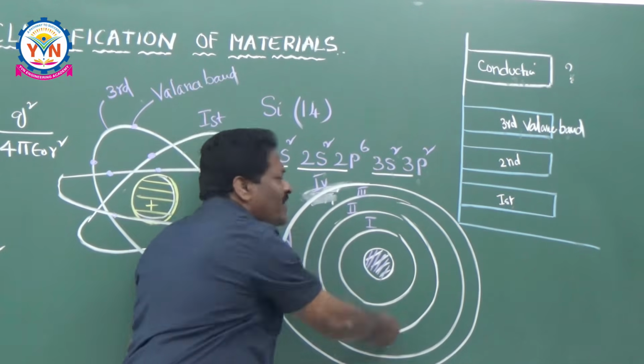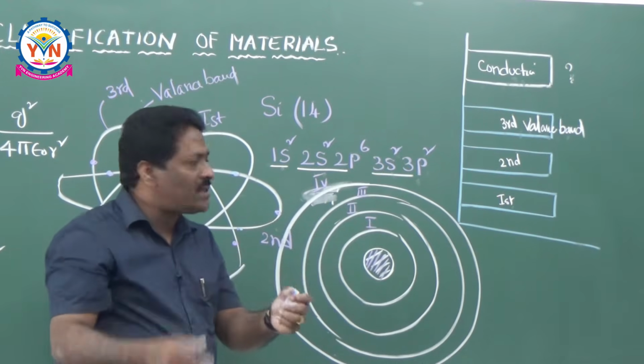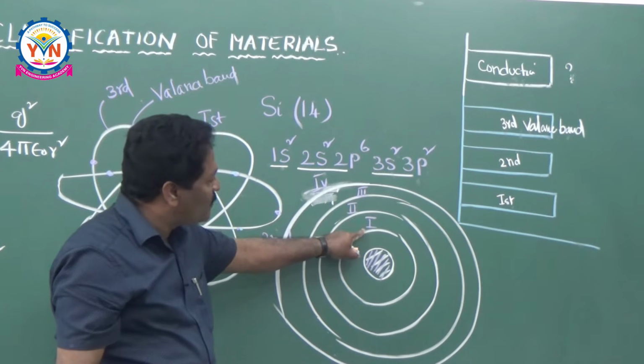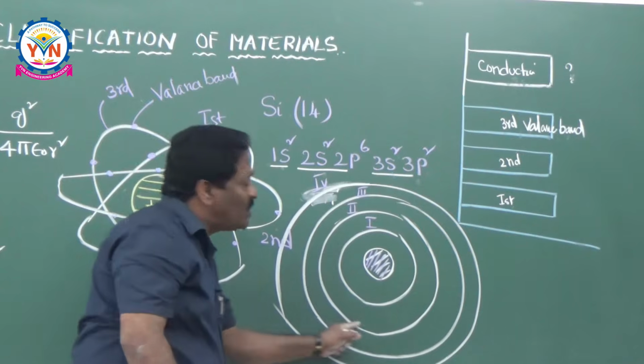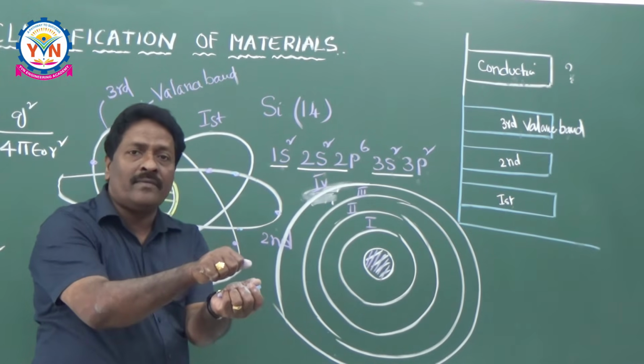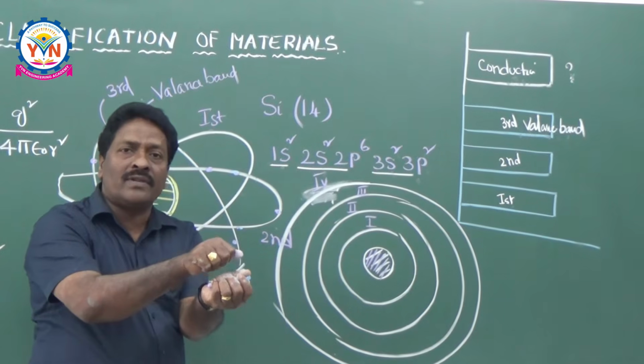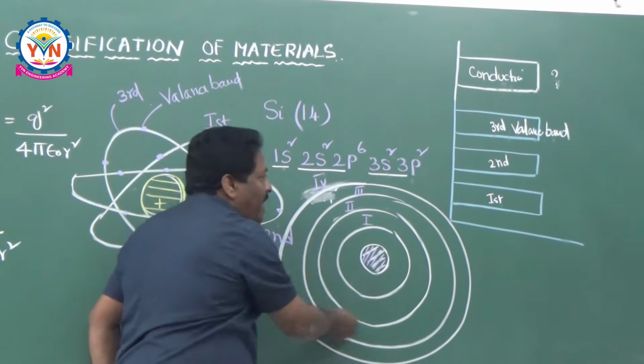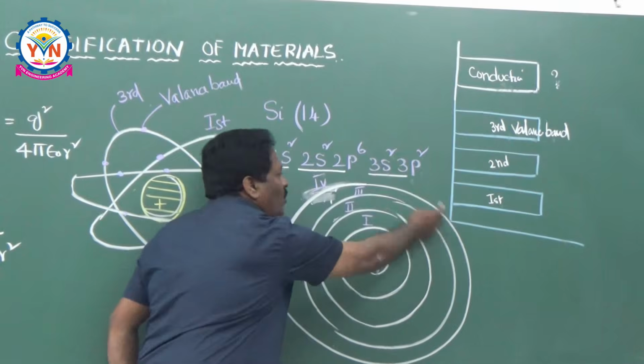Second year students have different energy. Doubtless they may have very good knowledge compared to first year, but all second year students do not have the same knowledge. They will have a group of knowledge levels. So the second one is a band, the third one is a band, and the fourth one is a band.